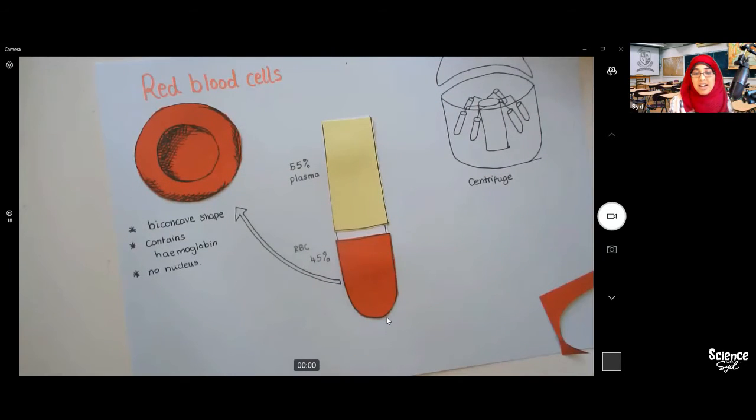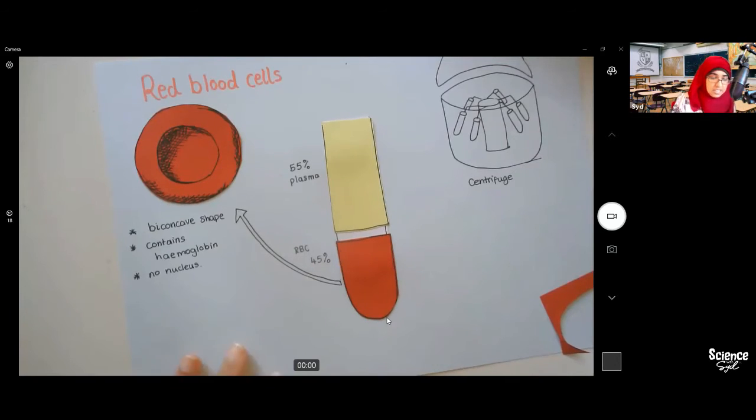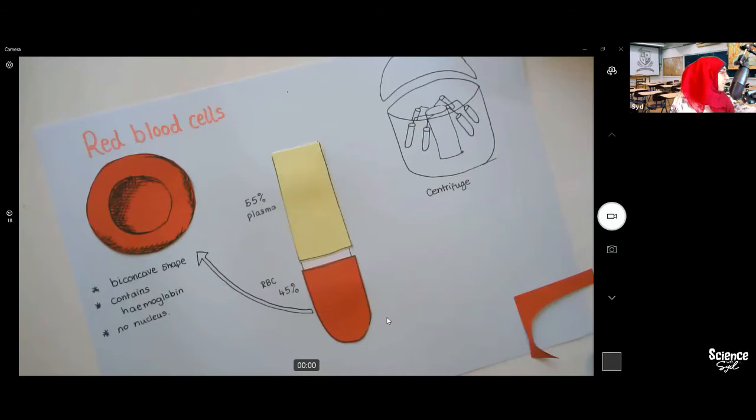Okay, and we've already said it carries urea. This also carries the digested food products. So things that you're eating, it carries it from the small intestine, because remember, your small intestine is taking the nutrients and then it goes around your body. And the final thing is it carries heat energy. So there's loads and loads of things that the plasma is carrying. And it's really important that we have plasma.